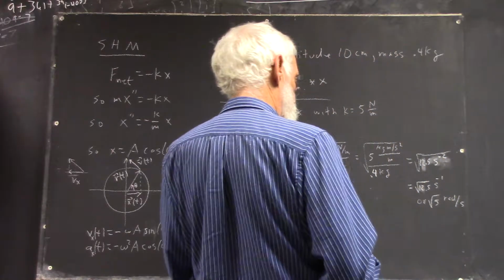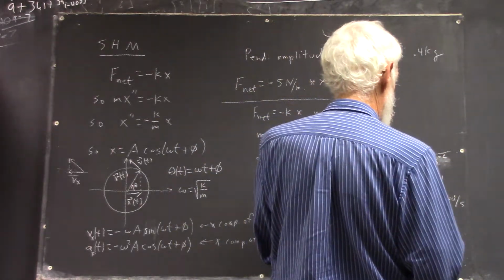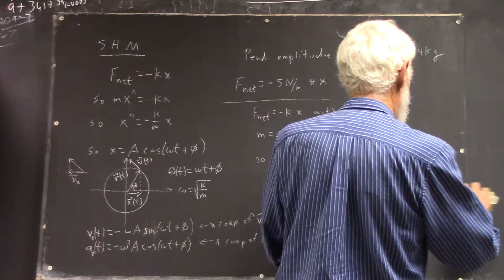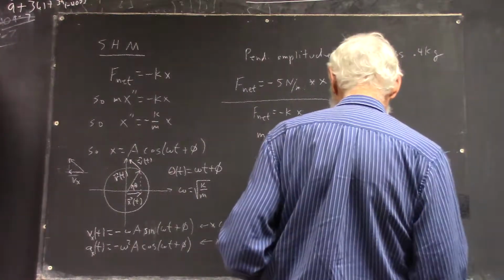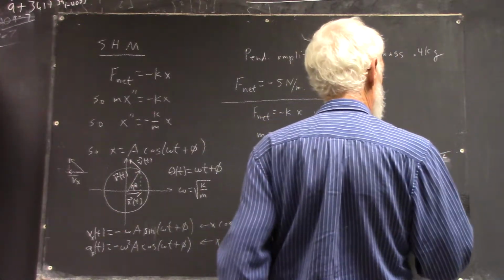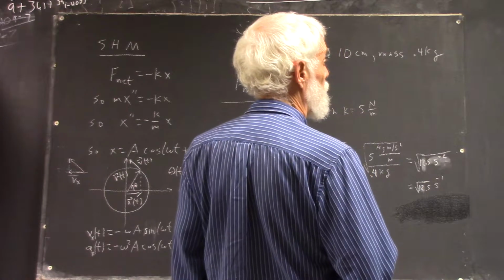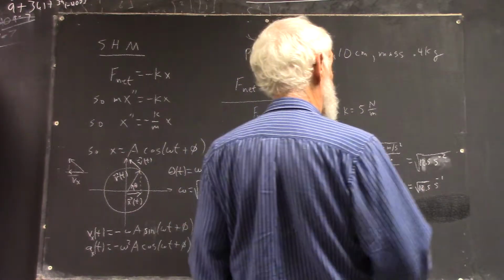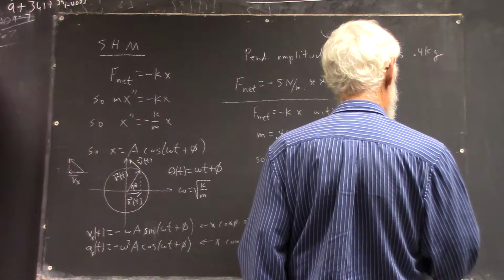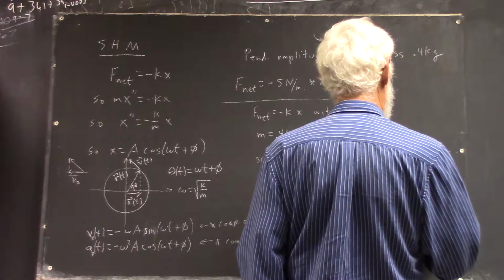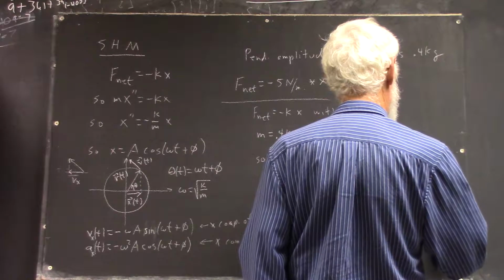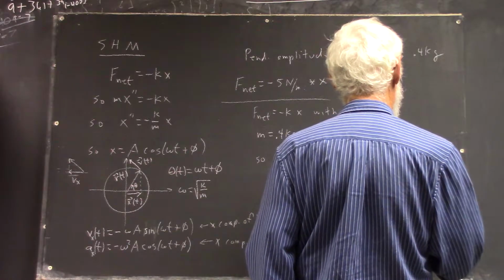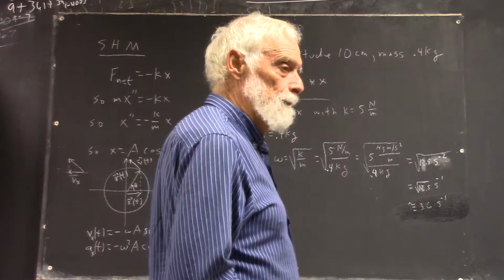Then the square root of 12.5 is about 3.5, maybe 3.6 reciprocal seconds.